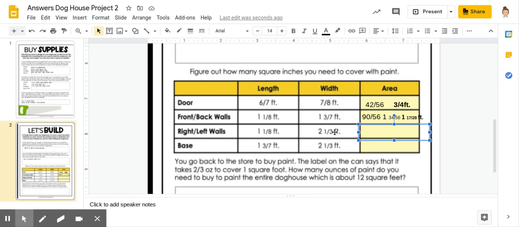Times, again, 3 times 2 is 6, plus 1 is 7, so we end up with 7/3. So 9/8 times 7/3. We multiply our numerators. 9 times 7 is 63. Our denominators, 8 times 3 is 24.